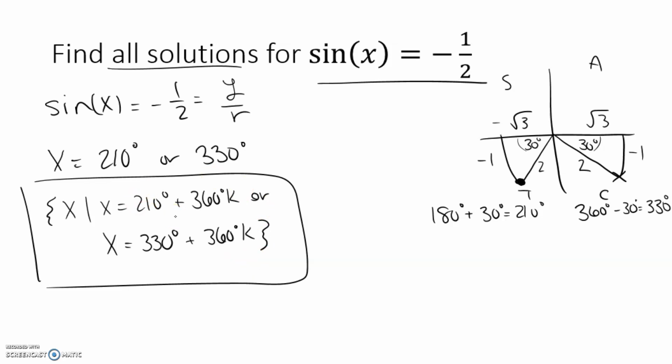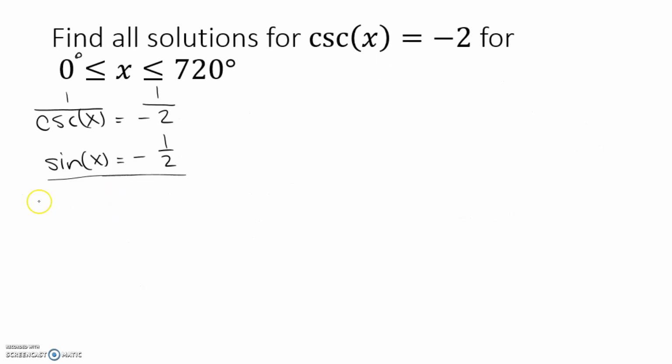Okay, so let me write that over here. So the solution set to this was x such that x is equal to 210 plus 360k, or x is equal to 330 plus 360k.